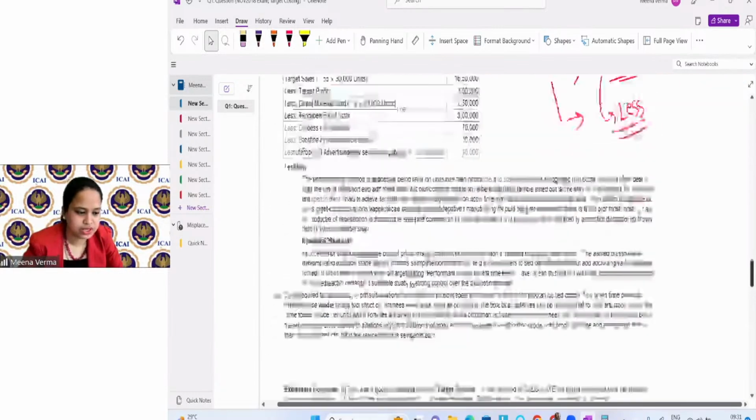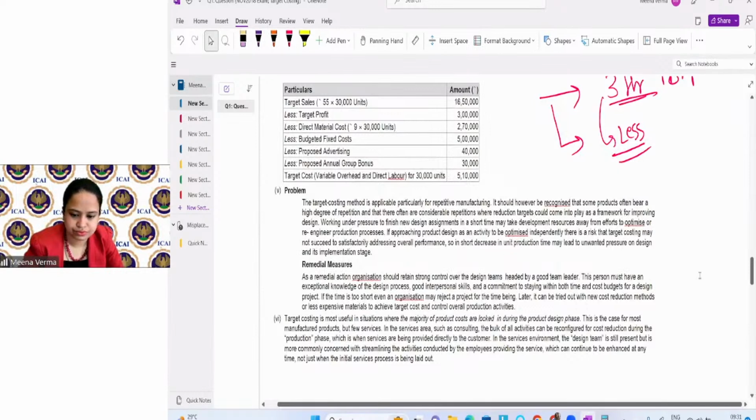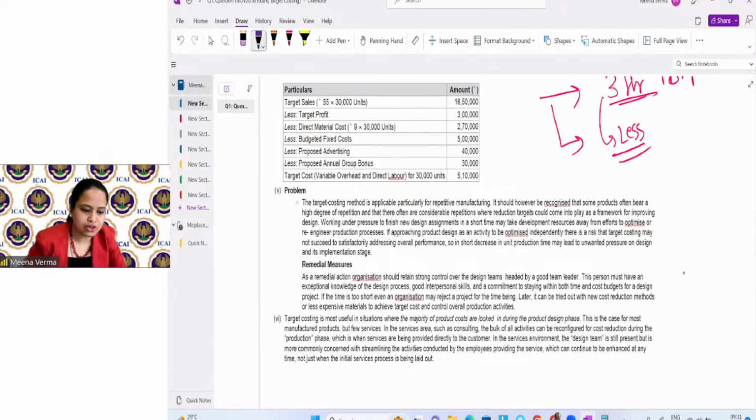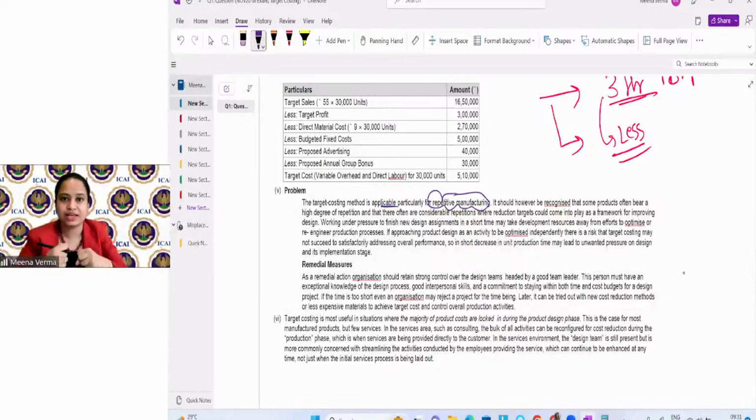So what is given here? The target costing method is applicable particularly for repetitive manufacturing. You can see labor will take less time if he follows the learning curve. When the labor repeats the same task again and again, his efficiency increases.